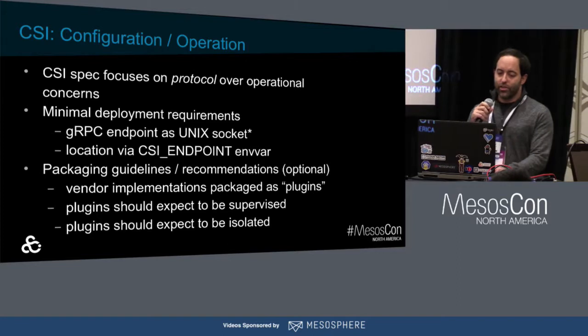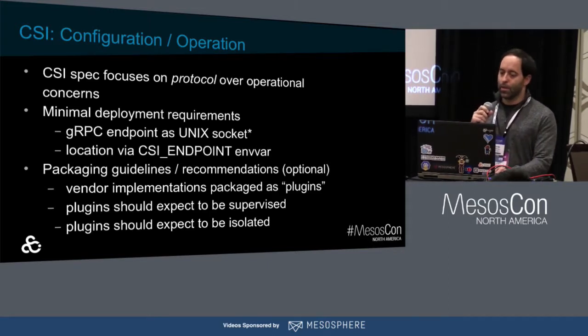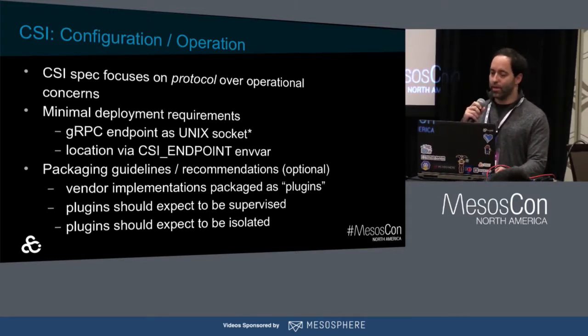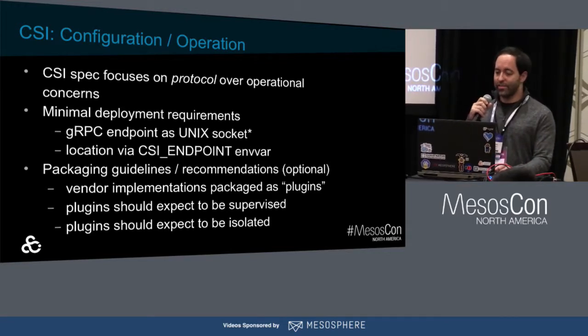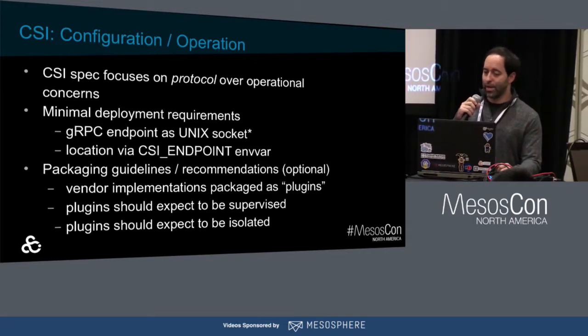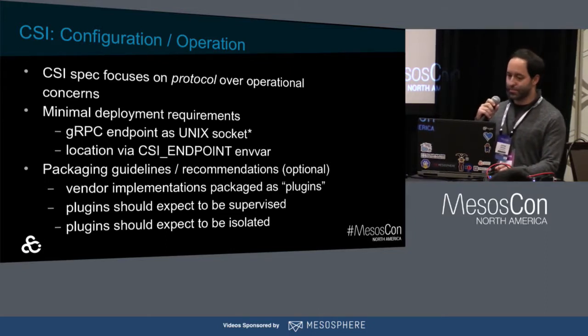From a configuration and operation perspective, CSI places an emphasis on protocol over operational specification. CSI allows plugin supervisors, whether that's a container orchestrator or something else, to decide how to deploy and isolate plugins. CSI does not specify security protocols. An operator is responsible for protecting a Unix socket just as they would any other file system object.